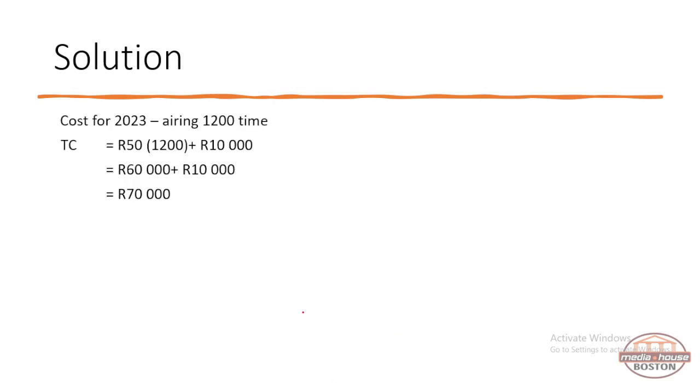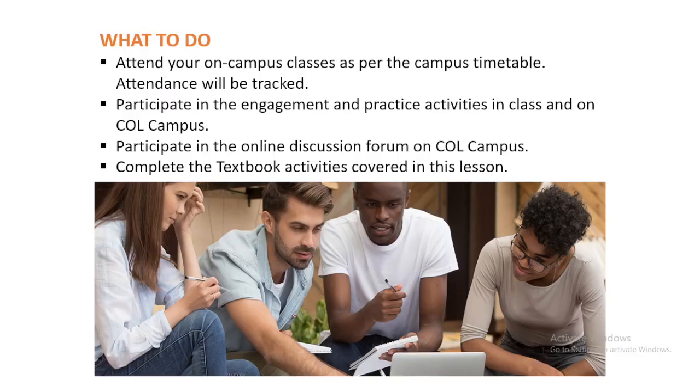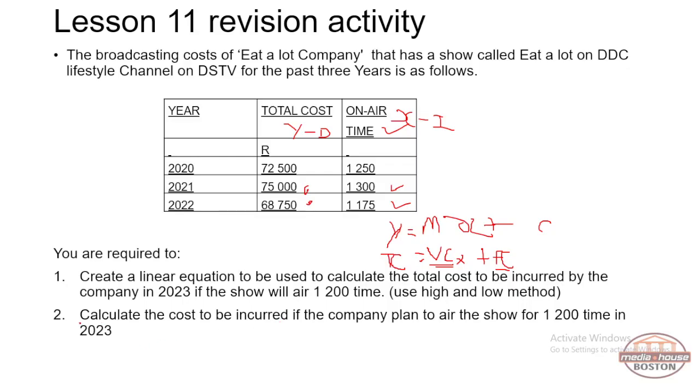So based on our second question, it says calculate the cost to be incurred if the company plans to air the show 1,200 times in 2023. So we are trying to estimate the cost if the show gets to be aired 1,200 times.